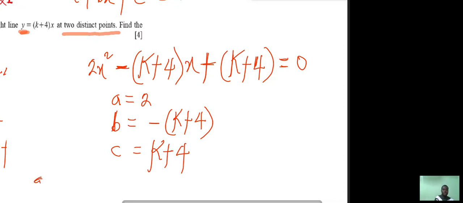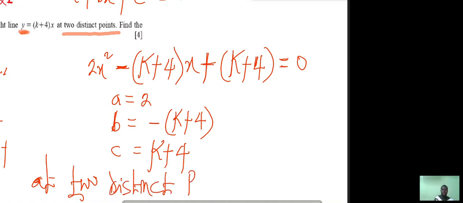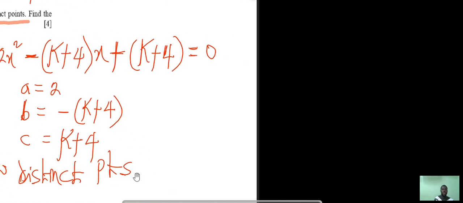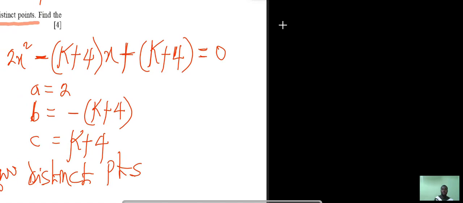At two distinct points, that's the intersection points, we can say b squared is greater than 4ac.